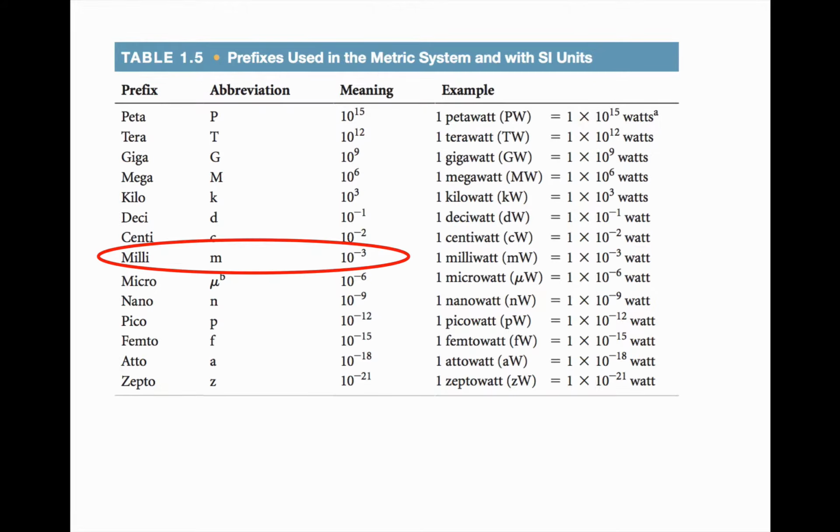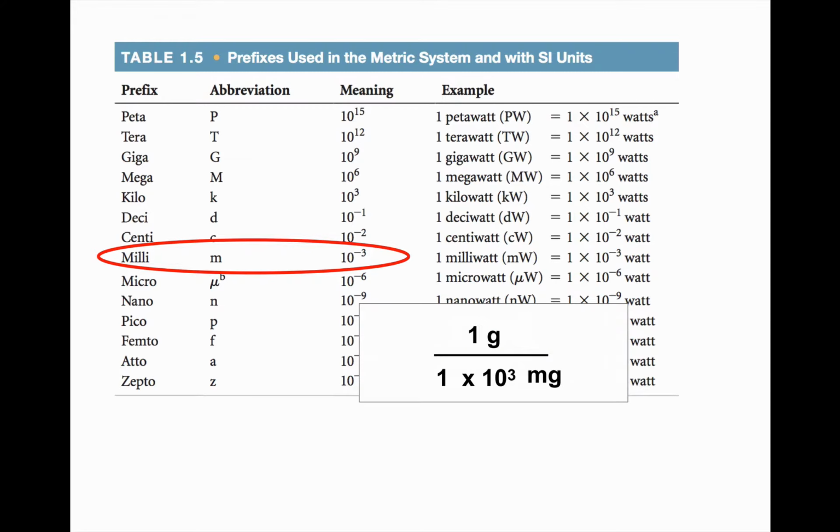If we're putting milli in front of gram, we're talking 1,000th of a gram. So for every 1 gram, you've got 1,000 milligrams. So milligram is a measurement of mass, a small fraction of a gram, 1,000th of a gram.